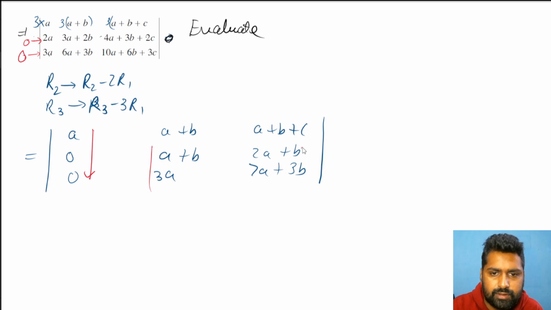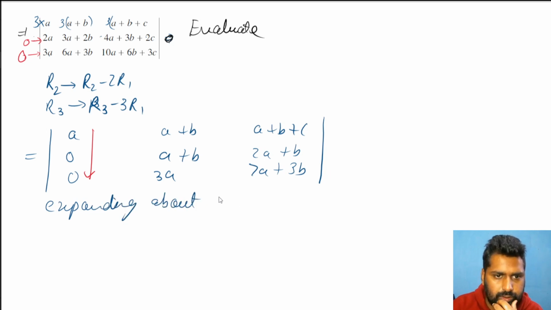A multiplied by, I have to solve this only. What I can do is directly cancel it and make it 0 if I want. Should I? Let's open it, expanding about C1.